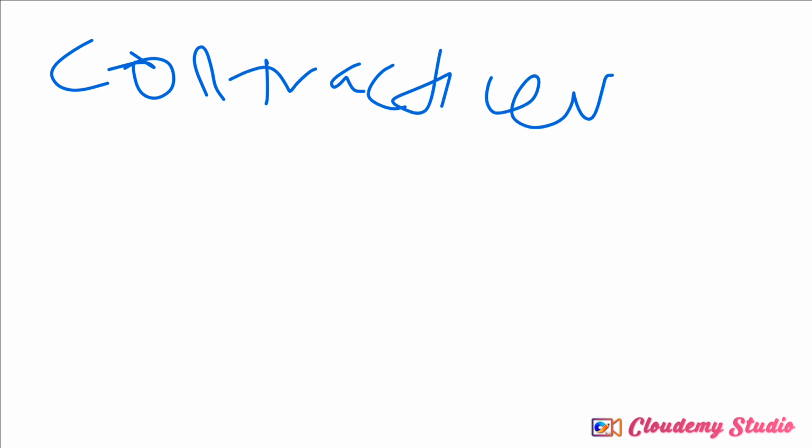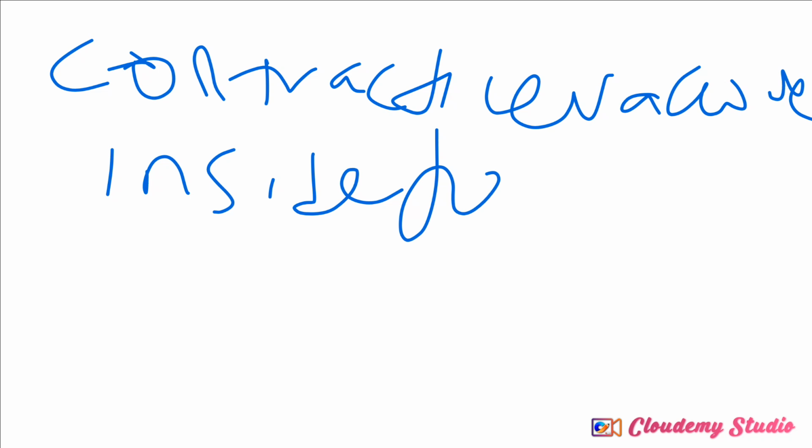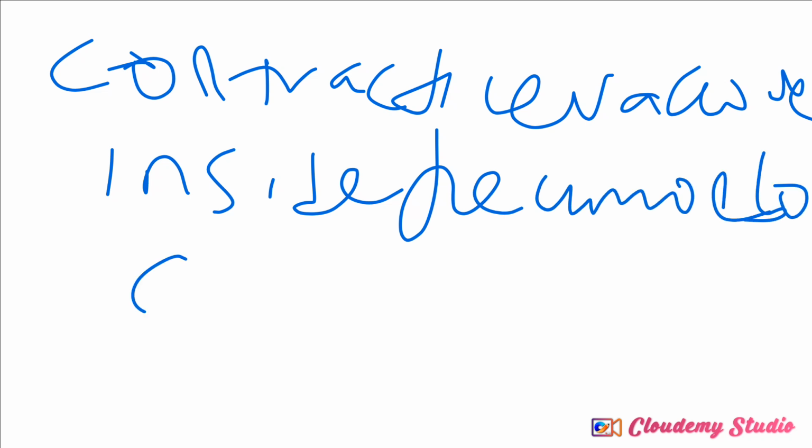So they have a contractile vacuole inside the amoebocytes. And this contractile vacuole is used for osmoregulation. You understand? Are you getting that?